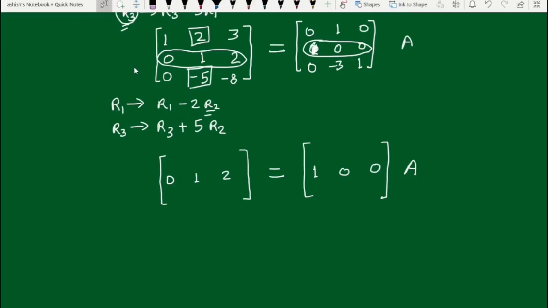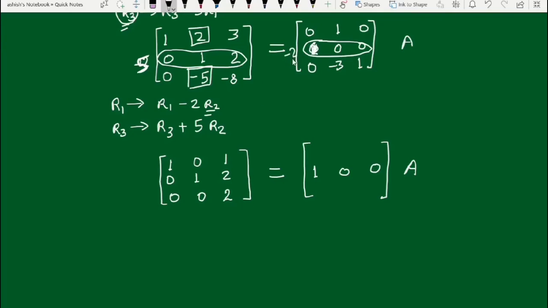Now apply the operation: multiply R2 by minus 2 and add to R1, minus 0 plus 1, 1, minus 2 plus 2, 0, minus 4 plus 3, 1, and multiply by 5 in R2 to transform R3 as 0, 5R2, 0, 5 minus 5, 0, 10 minus 8, 2.